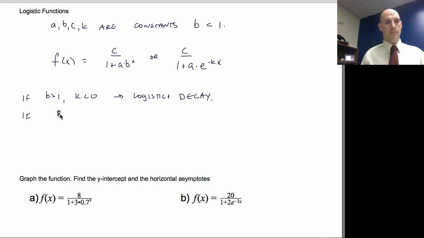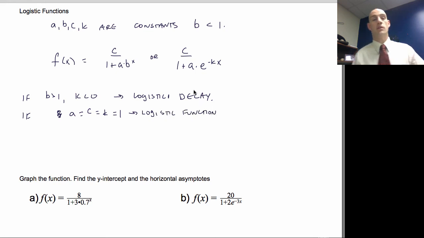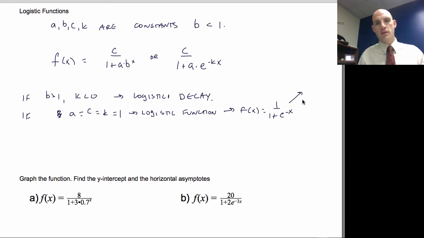If a, c, and k are all equal to 1, this is just the logistic function, the one that we studied in the 12 basic functions section. It would look like this: f of x is equal to 1 over 1 plus e to the negative x. A couple of notes on this.